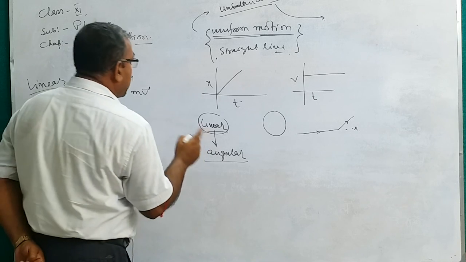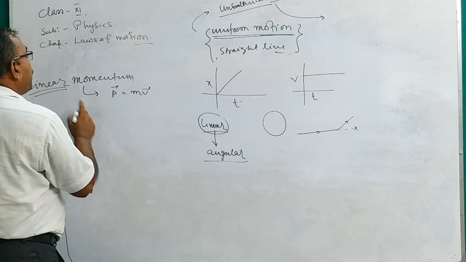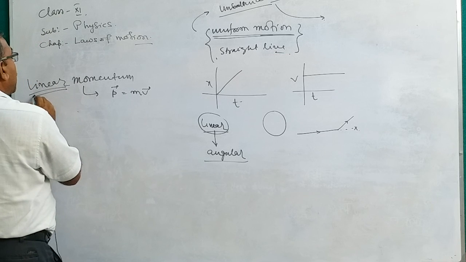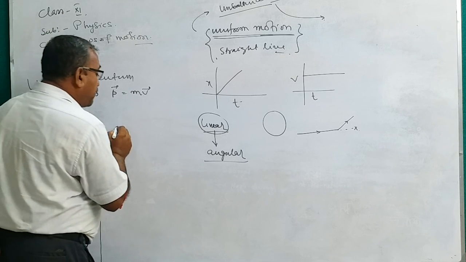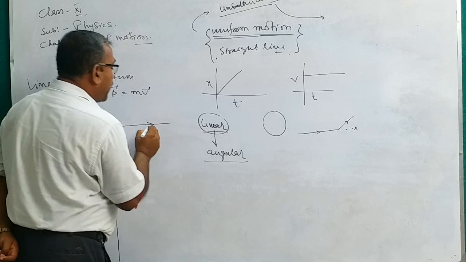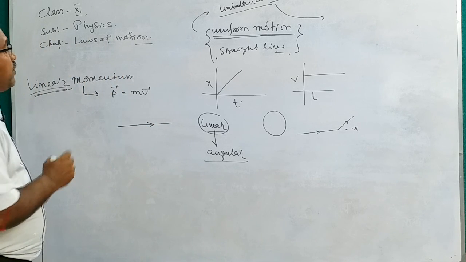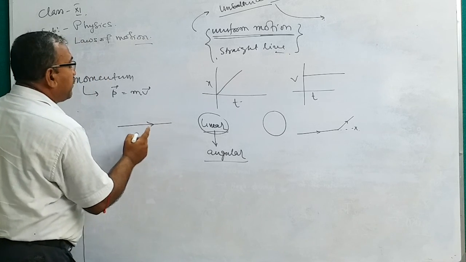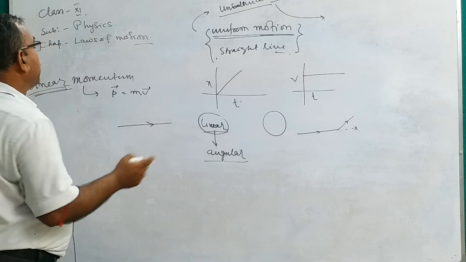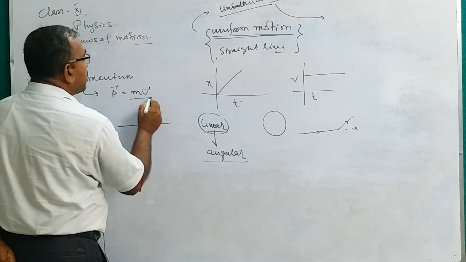So before Newton's second law, you explain the linear momentum, not the angular momentum. When an object moves in a straight line with a velocity and has a particular mass, it has momentum, and that momentum is called linear momentum. What is its unit?